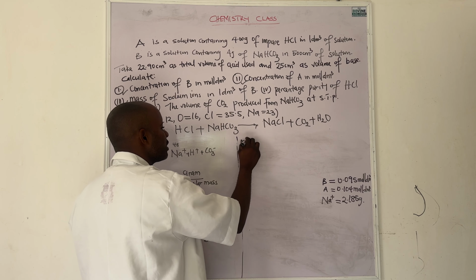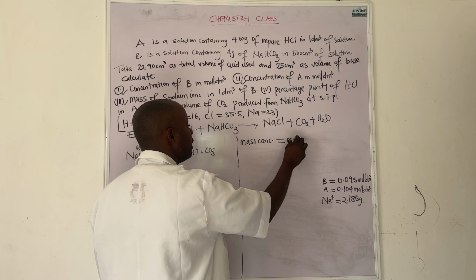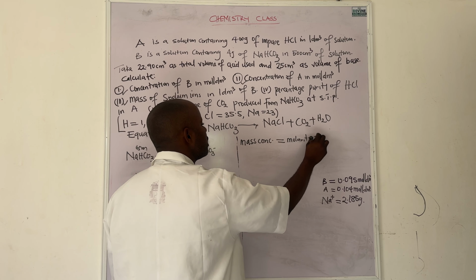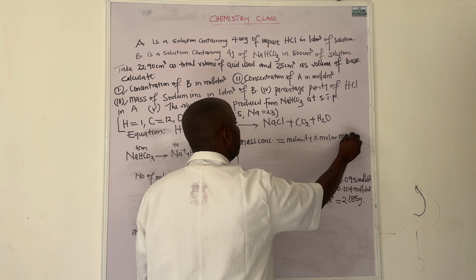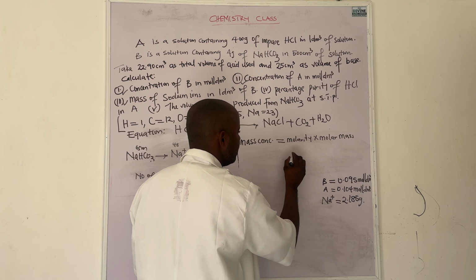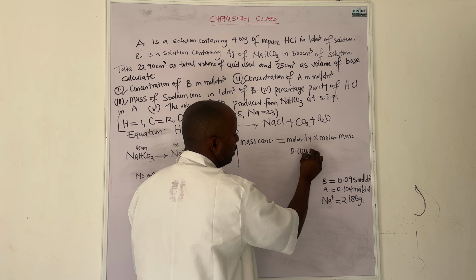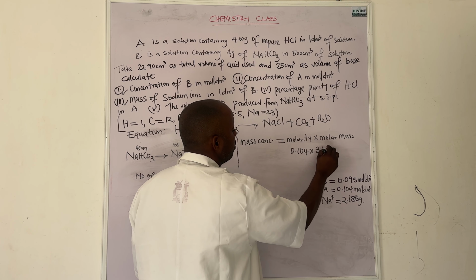Mass concentration equals molarity times molar mass. The concentration of the acid is 0.104 times the molar mass of HCl, which is 36.5.